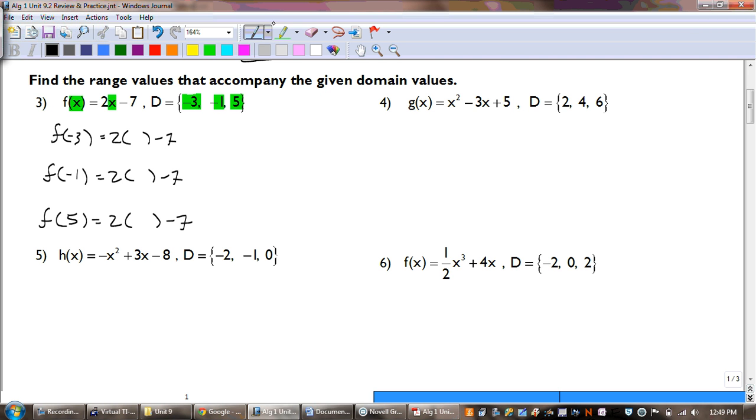Okay, so first one we're plugging in -3. And what'd you get? Should get that f of -3 equals what? -13. Okay? F of -1, when you plug in -1 to this equation, what do you get?